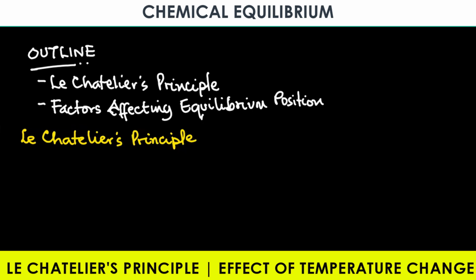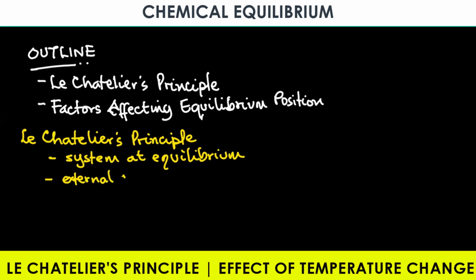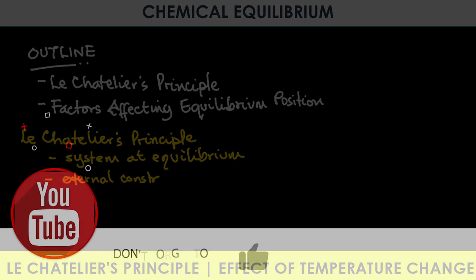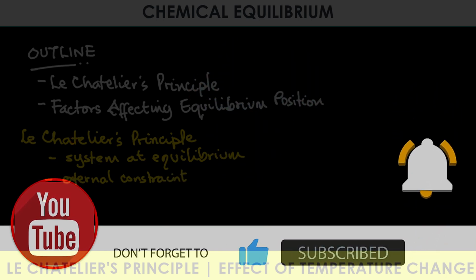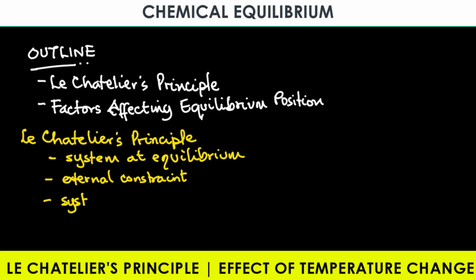So, say a system at equilibrium is acted upon by an external constraint. In other words, if you distort the equilibrium position of a system at equilibrium, what will happen? The system reacts to do what? To annul the effect.